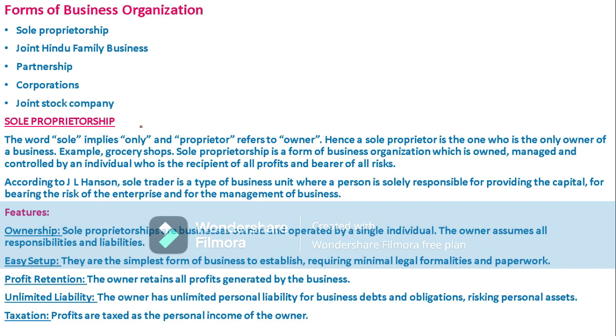As we have various forms of business organizations, he has to choose the right one, like sole proprietorship, partnership, corporations, joint stock company, LLCs, like limited liability corporations.